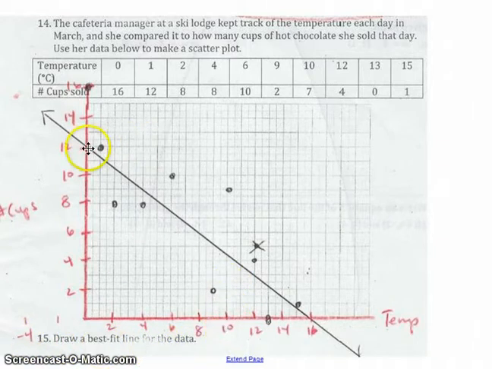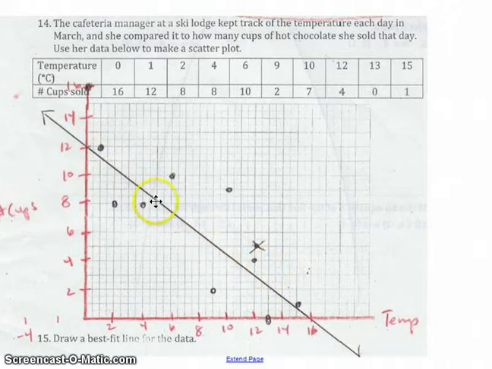So then a best fit line can't possibly, in this case, go through every one of the points. If that happened, it would be a zigzag. It wouldn't be a line at all. So I've got to draw a line that gives a good feeling for all the points in general.